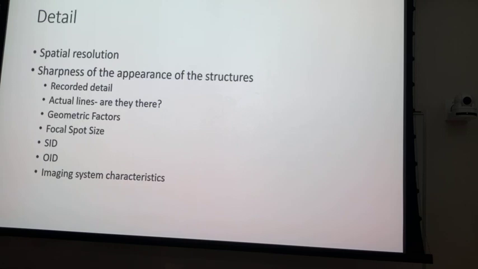So what you want is a lot of pixels in what we call a matrix. So the matrix is the overall size. So whenever you're looking at TV and it says 720 by 1080 or whatever, that's individual pixels in that matrix. So you want a lot of pixels in a matrix. So the smaller those pixels, the more sharp the image.